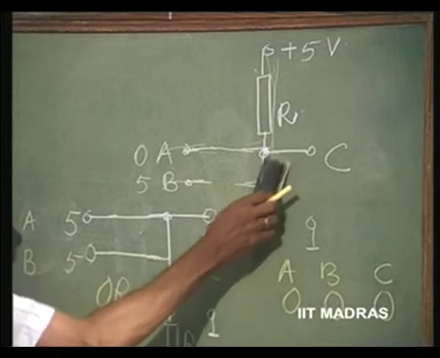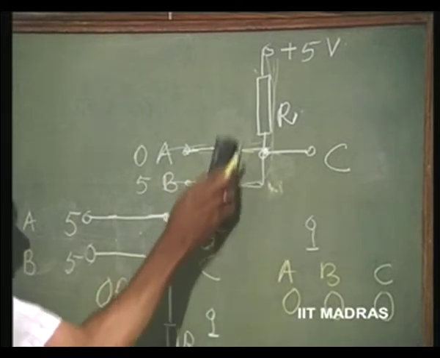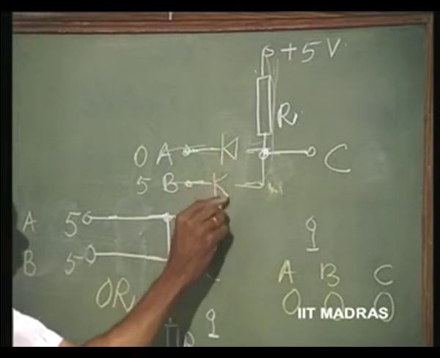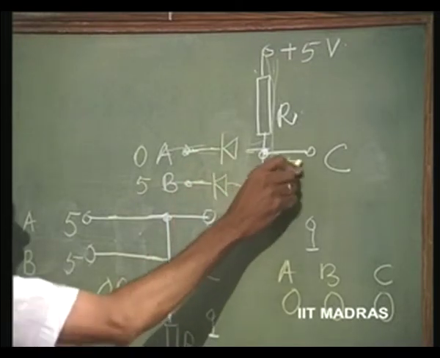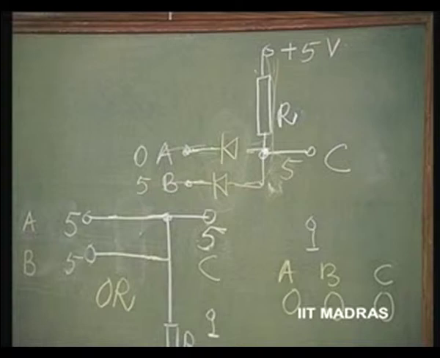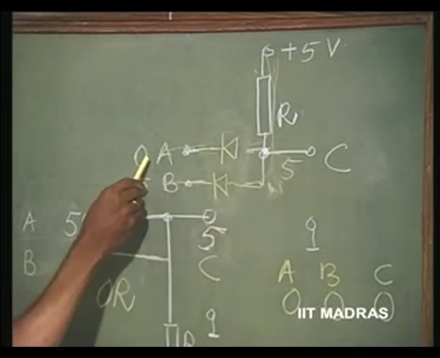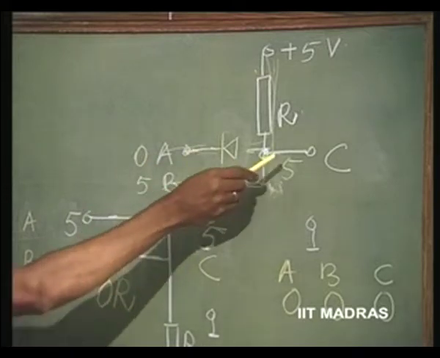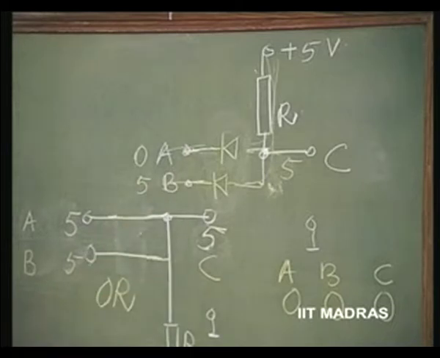Now, suppose I have taken the output as 5 volts. Let us see what happens. Just for argument's sake, let us take output as 5 volts. This is 5 volts, this is at 0 volts. It is not possible that the diode gets forward biased and retains a voltage across it of 5 volts. It should be 0 volts.